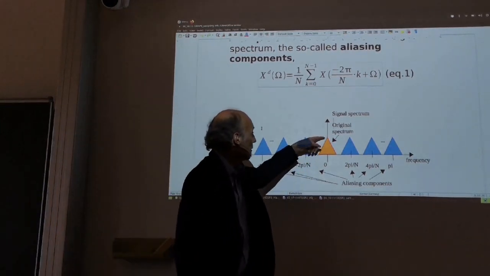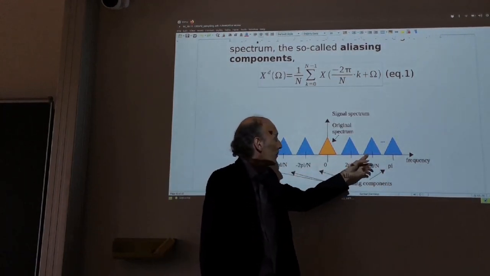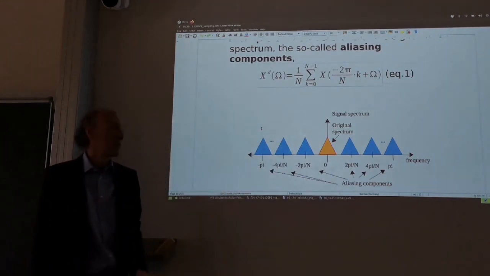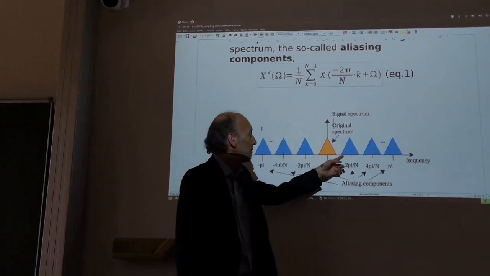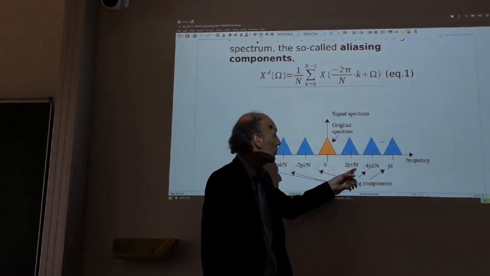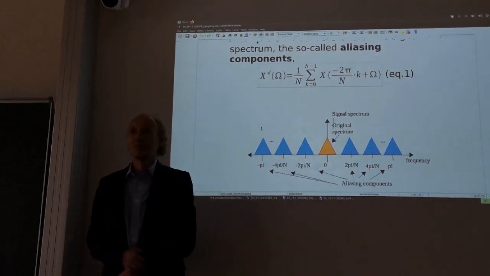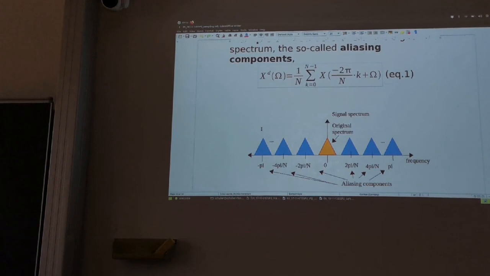Yeah, so here you have the original spectrum, for instance, and now you see multiple spectral copies appearing in the spectrum because of this sampling. And they appear at positions 2 pi over n, 4 pi over n, and so on. And these are the alias components. So this is basically the main result.